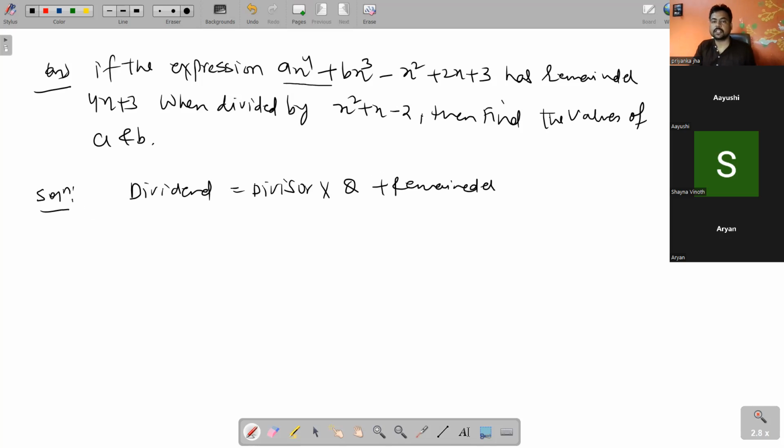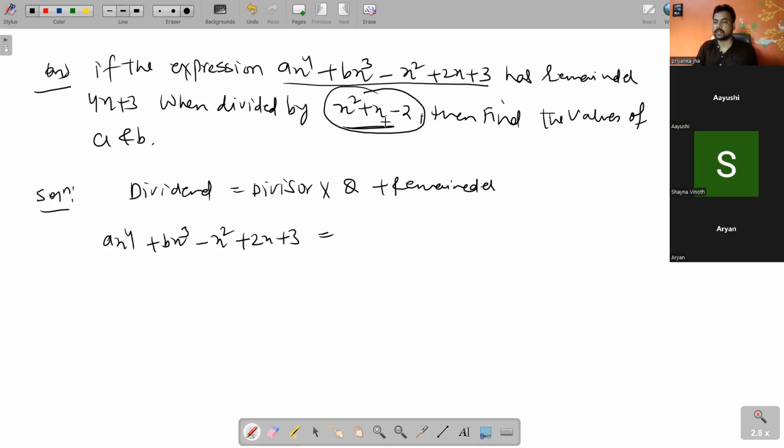So this expression is being divided, so this is your dividend: ax^4 plus bx cube minus x squared plus 2x plus 3. The divisor is what it is divided by, x squared plus x minus 2. So first you factorize this. The factors will be x minus 1 into x plus 2 into some quotient that will be a function of x. And the remainder is given as 4x plus 3.